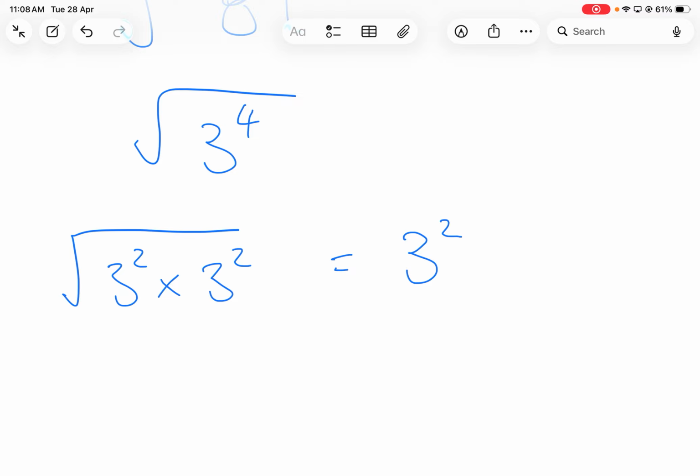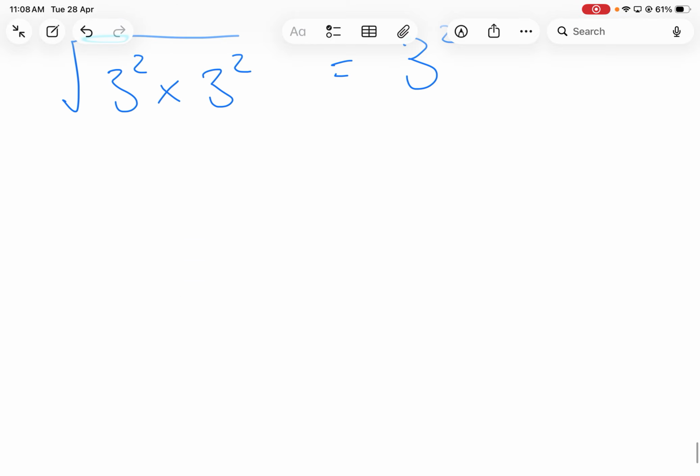Okay? Because this is the basic idea of what a square root is. I want to find out what multiplied by itself becomes 3 to the power of 4. So I can give you any number. I can give you 5 to the power of 8. If I want to find the square root of 5 to the power of 8, what is it that I want to do?